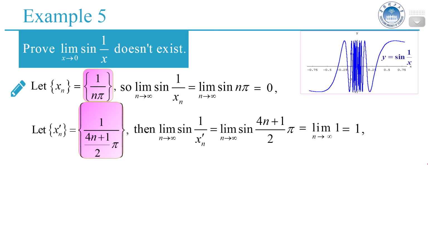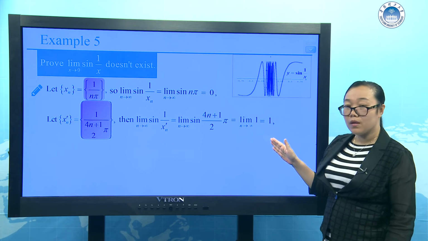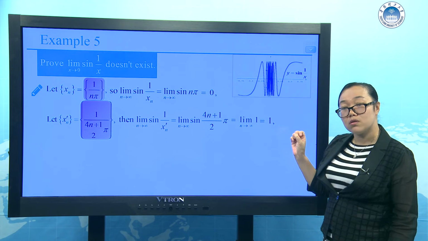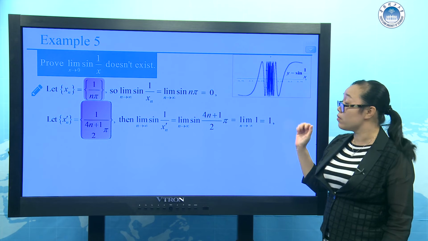According to our period function, at this time it equals the limit of sin half pi. What does sin half pi mean? Every student knows the answer is 1, so it equals the limit of 1. The limit of 1, a constant, equals itself, equals 1.